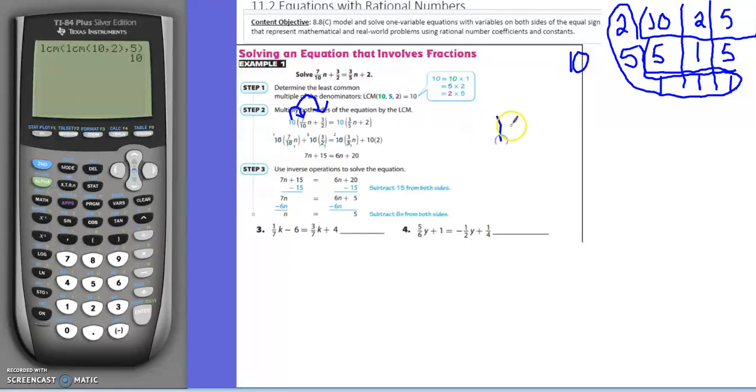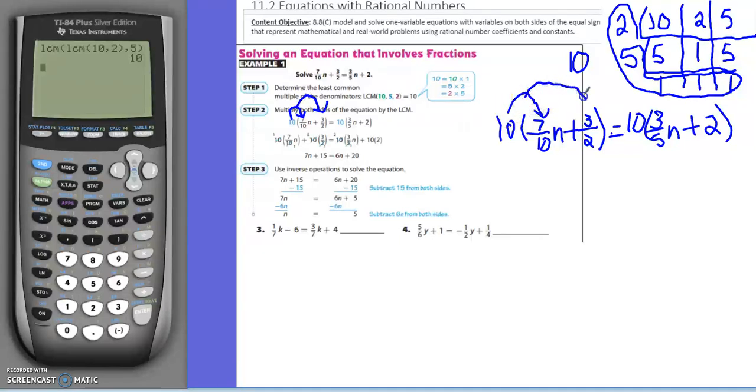So when you do it first, it looks like this: 10 times 7/10 n plus 3/2 equals 10 times 3/5 n plus 2. Okay, so you're going to multiply 10 times everything inside the parentheses.